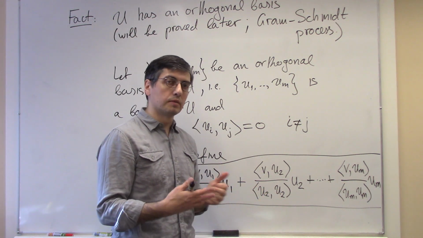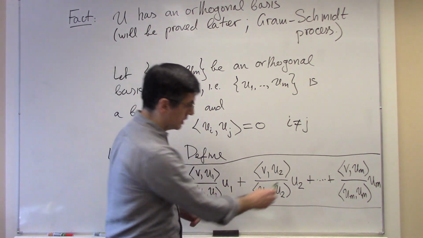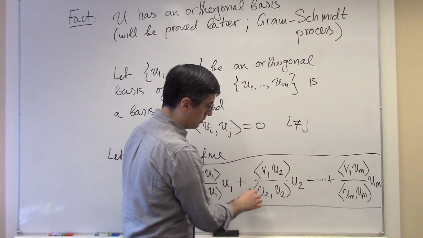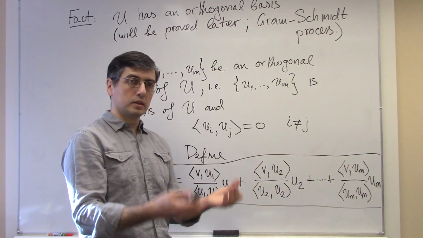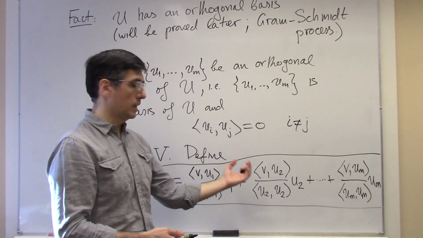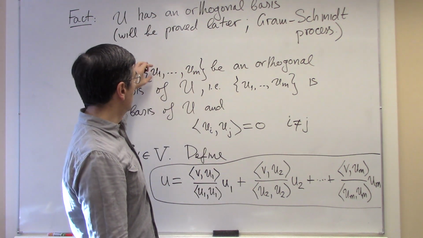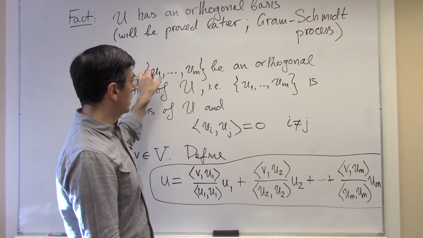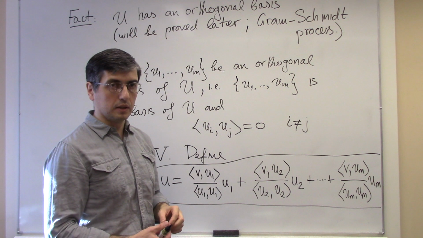There is really no difference between choosing orthogonal or orthonormal, because if you divide a vector by this inner product, you get the normalized version of the same vector, which has length 1. So if I change this to the same basis divided by the length of each vector, then I will get an orthonormal basis.